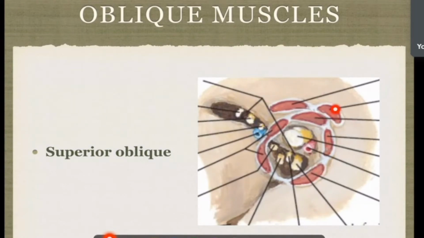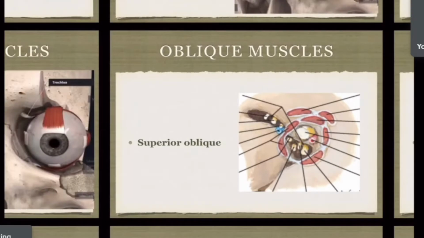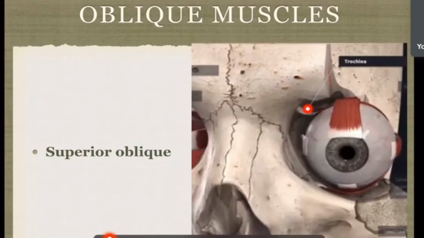Okay, that is above and medial to the common tendinous ring, and from the undersurface of the lesser wing of sphenoid. That is the origin, and this is the site where it changes direction. This is the fibrous pulley that is attached to a fossa here. That fossa is called trochlear fossa, and it changes direction. Then it passes underneath the superior rectus muscle.